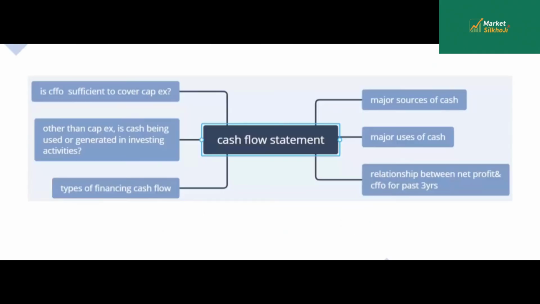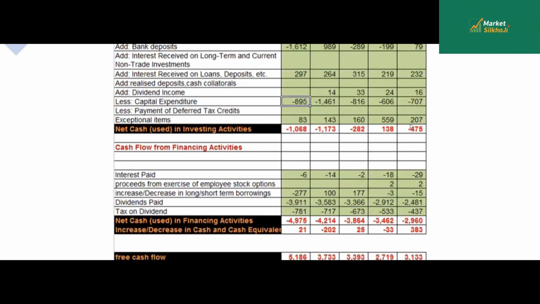Next, what are the major uses of cash? Uses we will get to know when we look at the investing activities. Here you can see they are investing some money in FDs. They are making some investments also, most probably mutual fund investments, and of course they are investing for further growth also, which is capex. So that is what the business is doing.